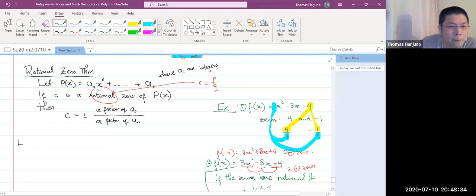For example, let P(x) equal x to the 4th minus 9x squared plus 7.